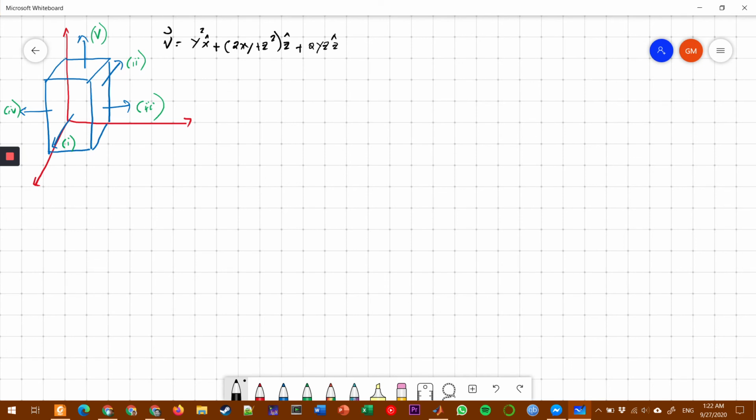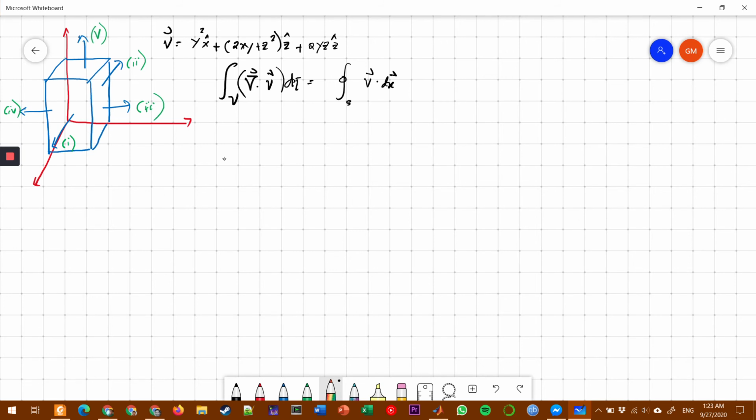Okay. So in this case, if you recall the divergence theorem, so this is the divergence theorem. We have the volume here, and then del dot v d tau is equal to this closed surface integral v dot dA. And that's the volume integral. Okay, the divergence theorem.